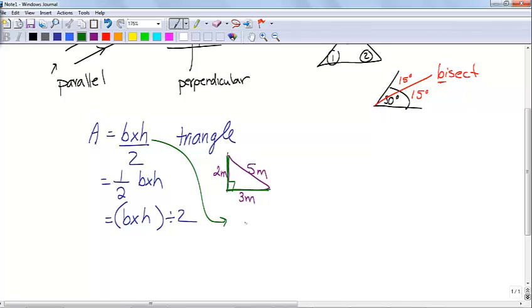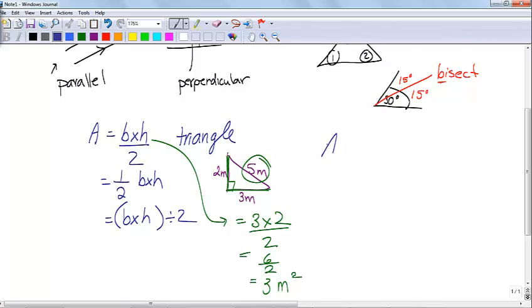So if I were to plug in my numbers, the base is 3, the height is 2, I find that area, divide by 2. So you do the operation on the top first. 3 times 2 is 6, divided by 2. 6 divided by 2 is 3. And then area, remember, has the units meters squared. So the 5 didn't come into play at all in this particular example.